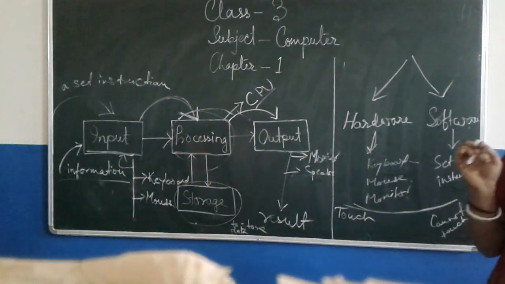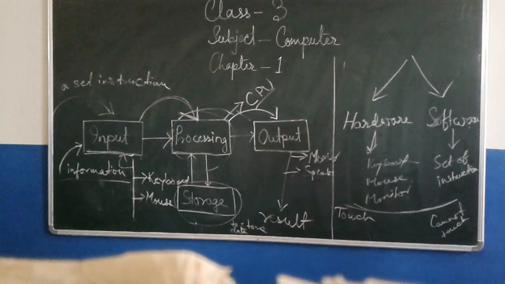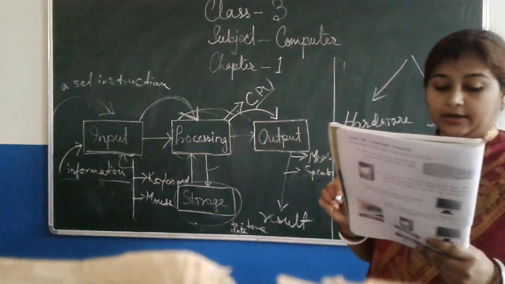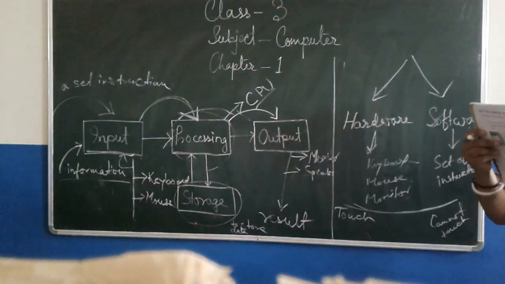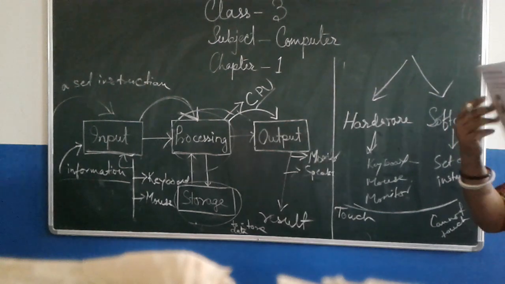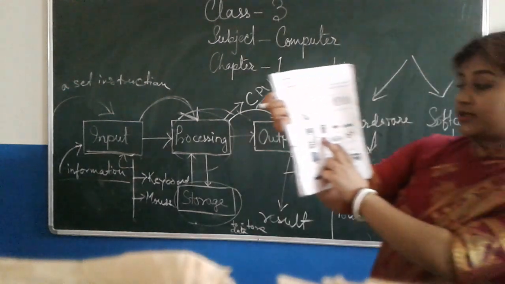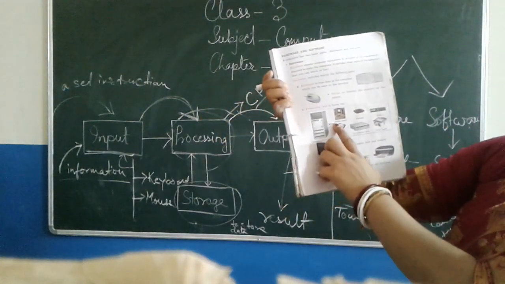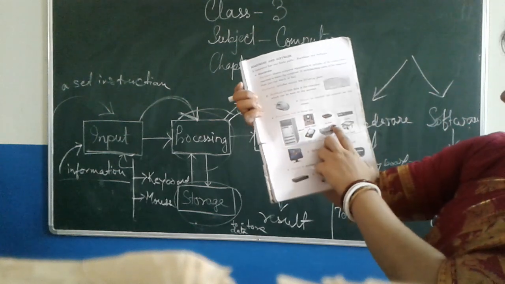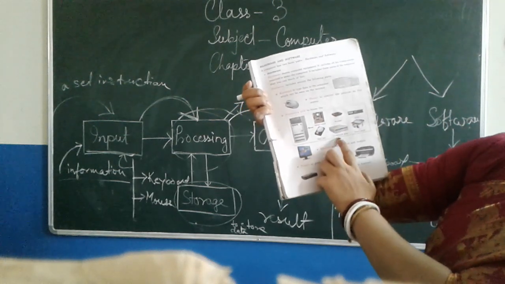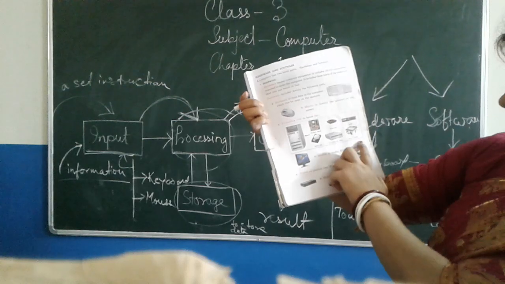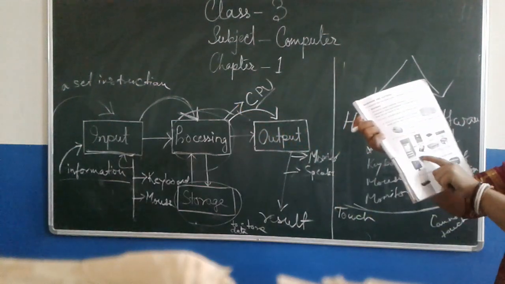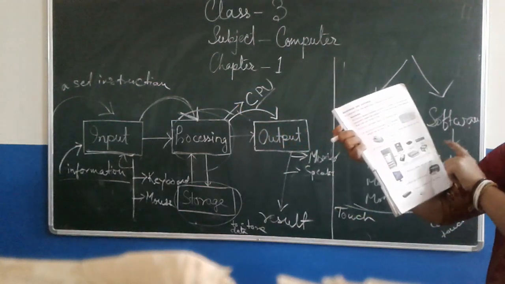The processing unit houses the motherboard, processor, RAM, hard disk, CD, DVD drive, power supply. All processing parts are handled by the CPU.